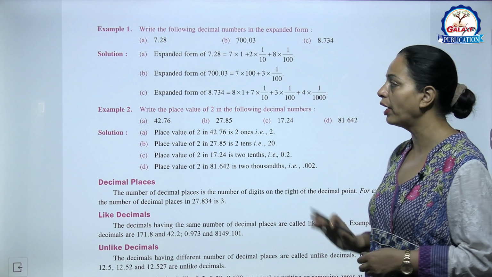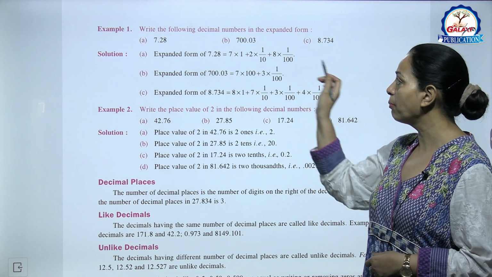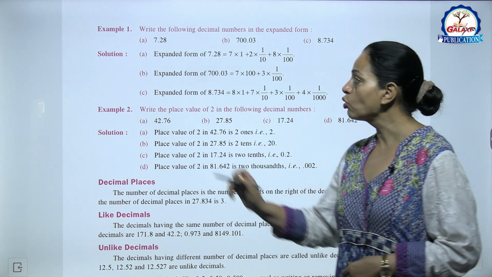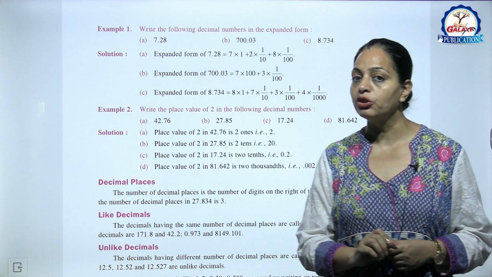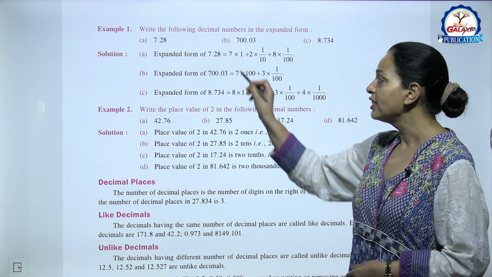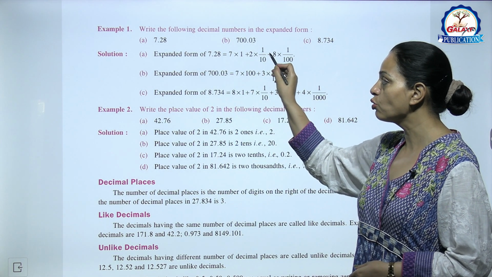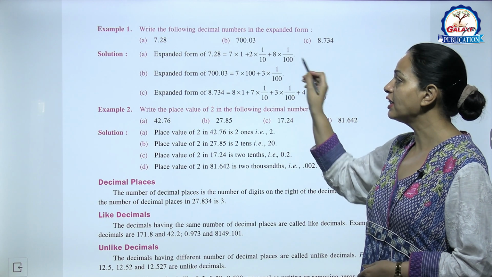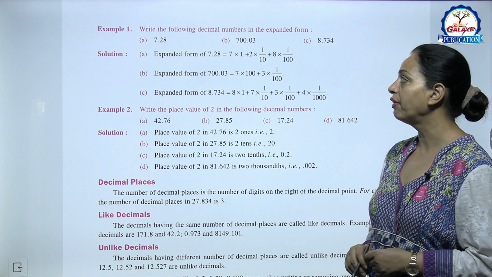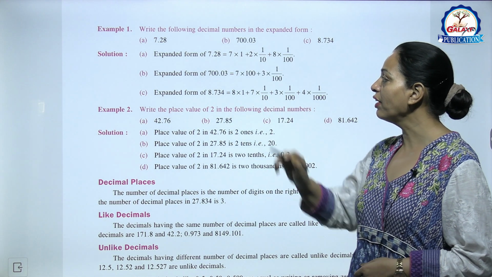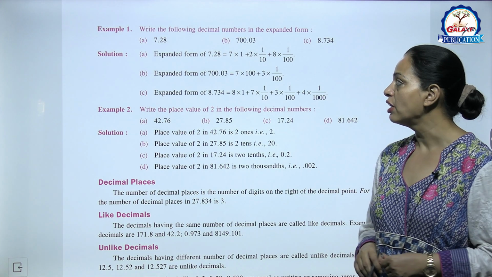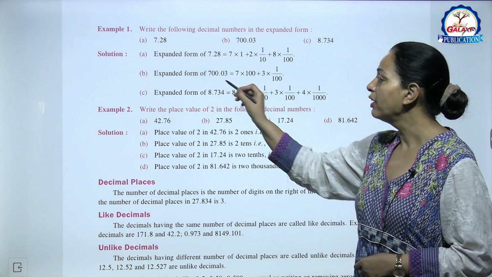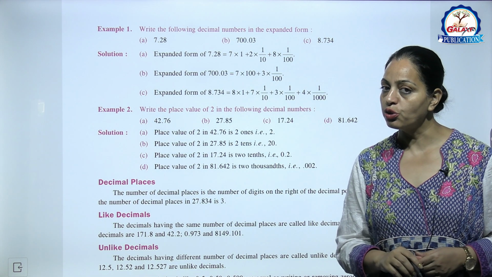Now example 1, write the following decimal numbers in the expanded form. So here A part 7.28. So what will you write? 7 into 1 plus 2 into 1 by 10 plus 8 into 1 by 100. Now B part 700.03. So 7 into 100, these are 0, 0, no need to write it.